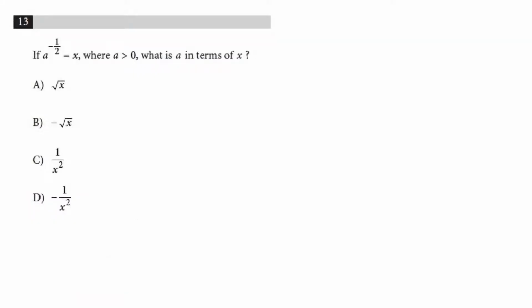13. A to the negative 1/2 equals X, where A is greater than 0. What is A in terms of X? All right, so if we want to get rid of that exponent, we need to raise it to something that would make it equal 1.